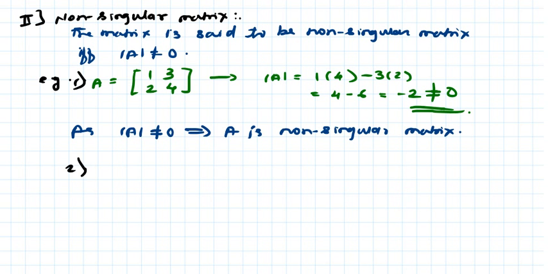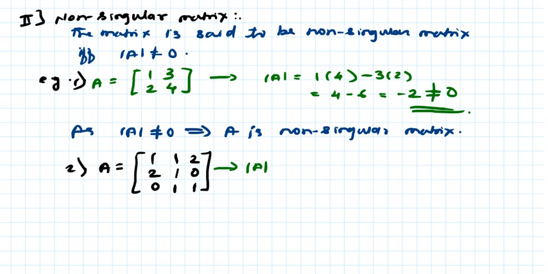Okay, this is the first example. Second example, suppose I take the matrix A equal to 1 2 0, 1 1 1, 2 0 1. If you find the determinant of this matrix, mod of A, it will be 1 into, hide this row and column, what remains is 1 1 0 1.